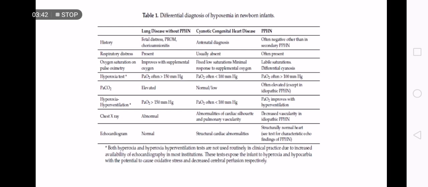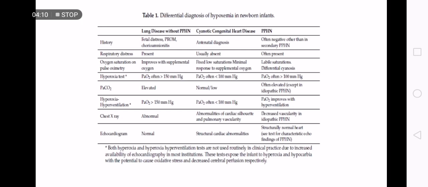The CO2 in the ABG might be elevated. With hyperoxia and hyperventilation, we have an increase in the oxygen saturation. The chest x-ray might show the cause and is abnormal. Echocardiogram is normal.